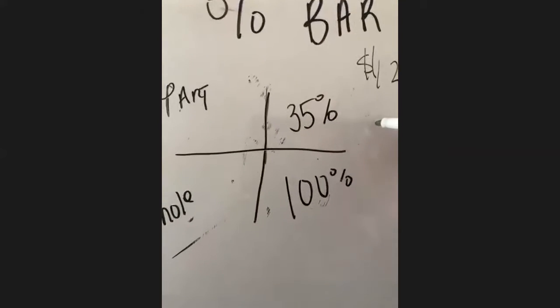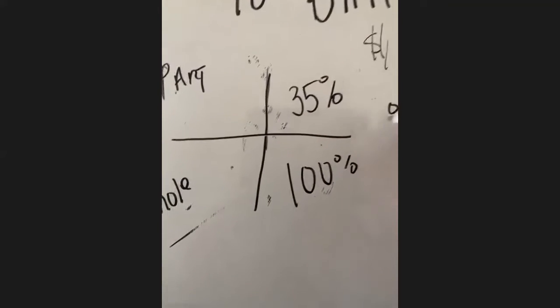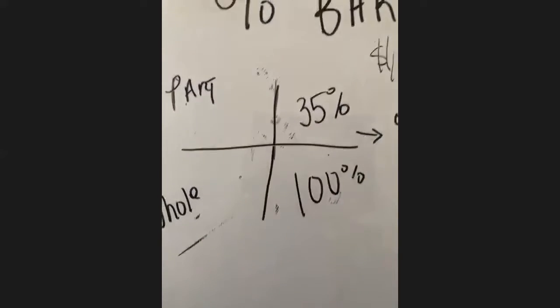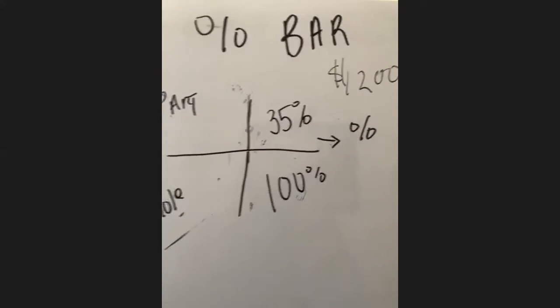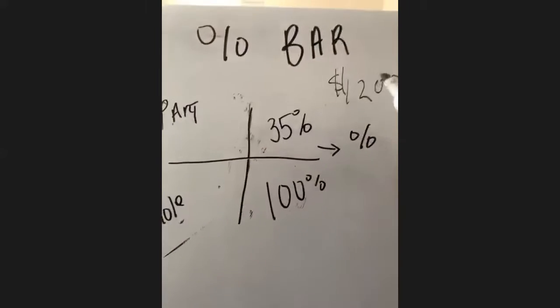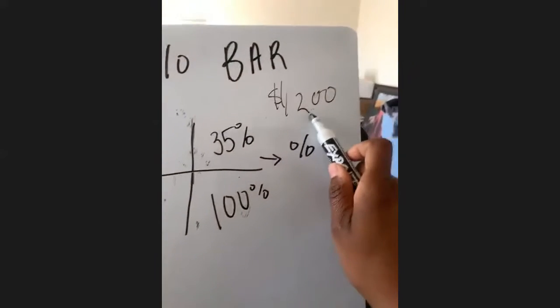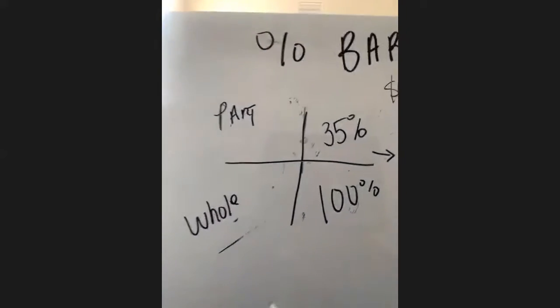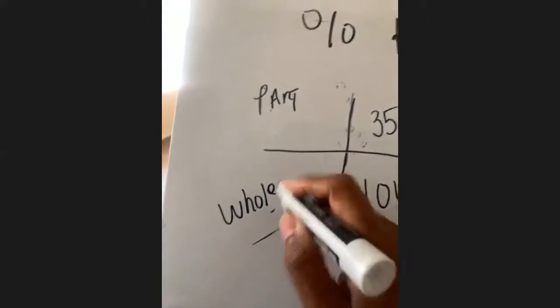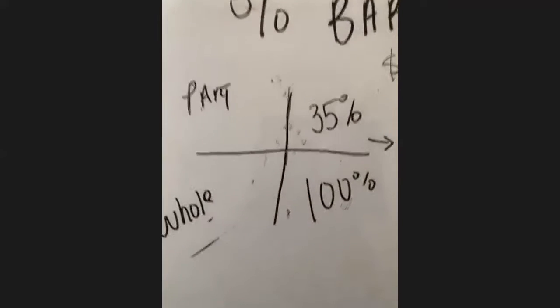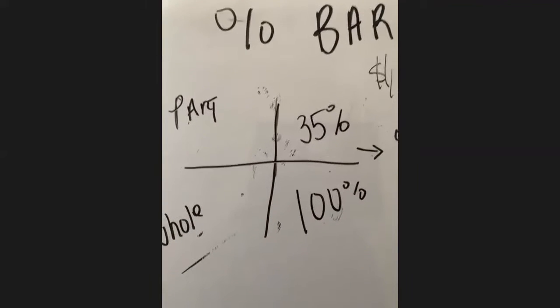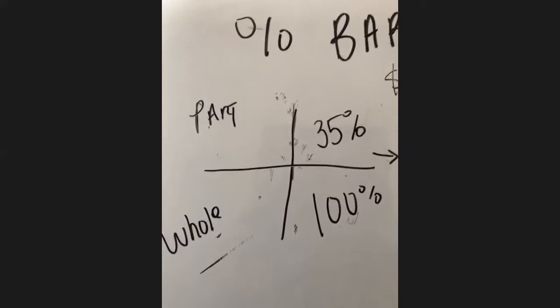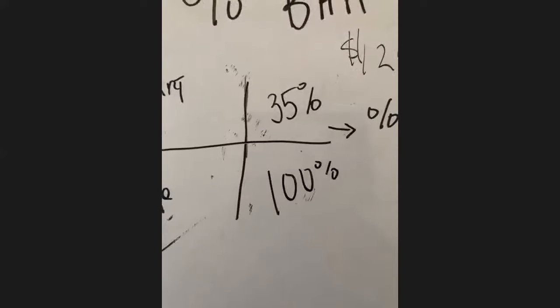Let's do this. Percent over here. So this is the percentage, right? So you got 35% of 1,200, okay? And you needed to know how much will you actually pay for rent at 35%.